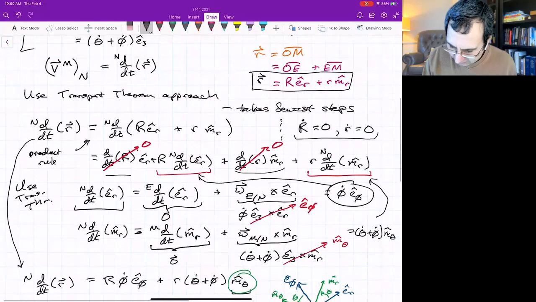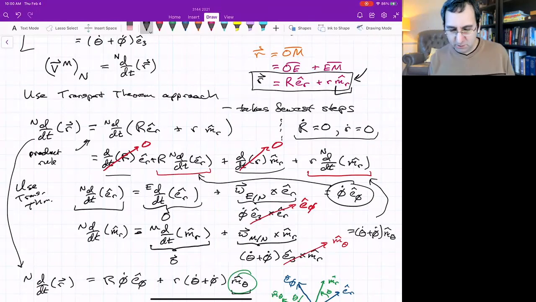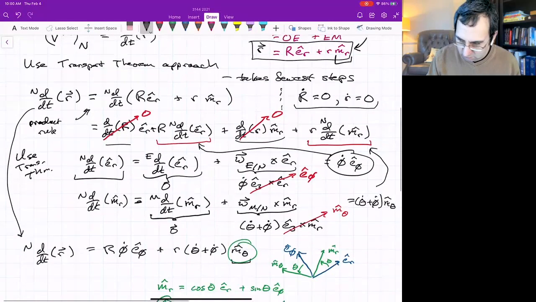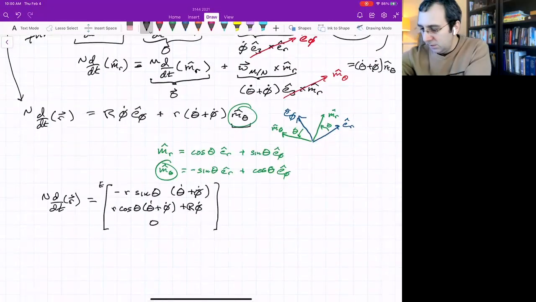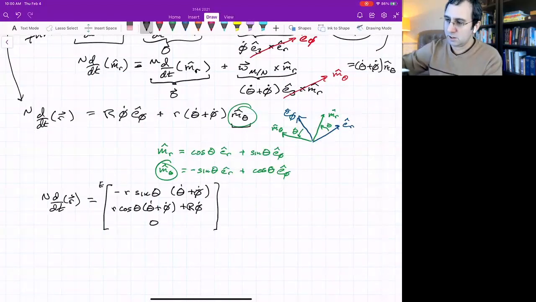What if in here you had directly substituted in what MR is in terms of the E frame, so that you've written what this vector from the sun to the moon looks like completely in terms of E frame? You could do that. That would be something else. Here.